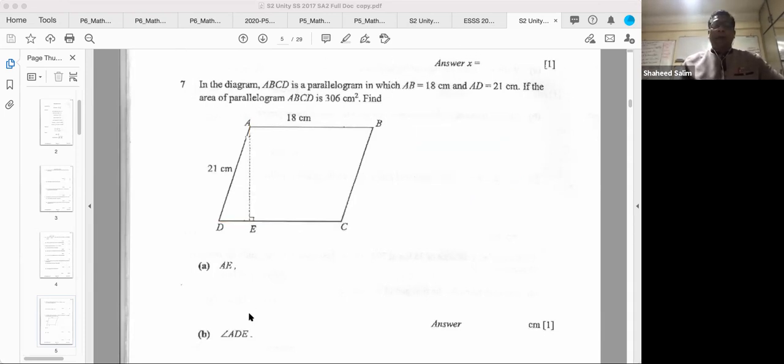Find angle ADE, this angle. See how to find. Hold on. Have you learned? You have not learned this. How come they ask you this question?